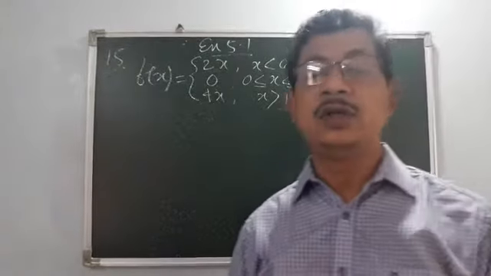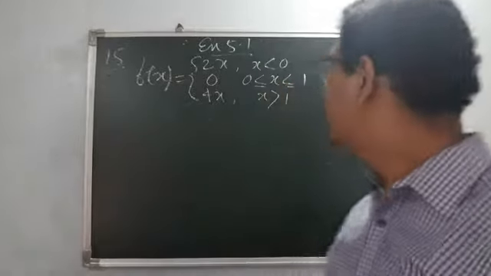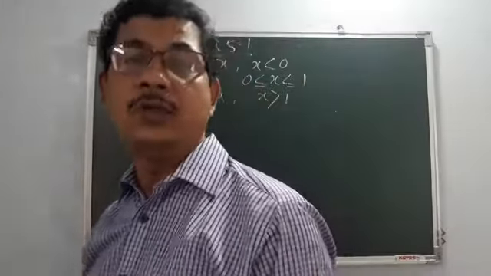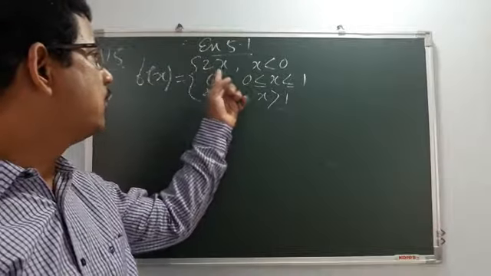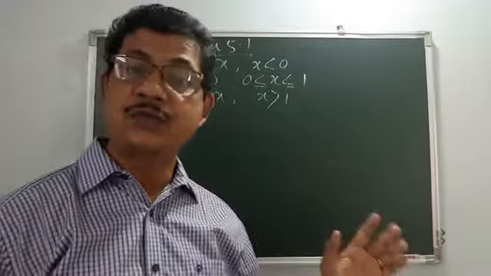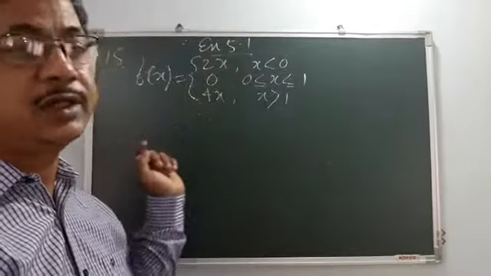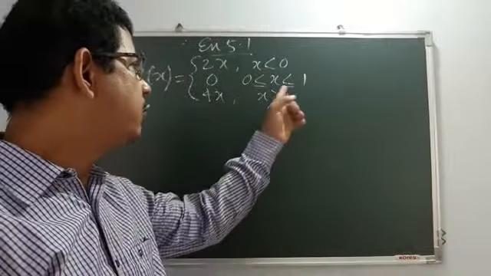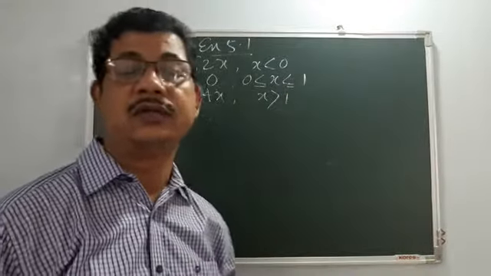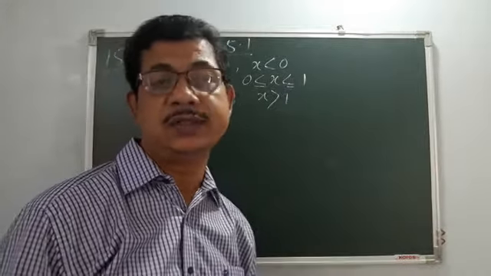Then what is our doubtful point? The doubtful point is at 0, because x less than 0 gives 2x, whereas greater than 0 gives 0. At that point we will check, and again for less than 1 and greater than 1 a different value is there, so at that point also we will check.